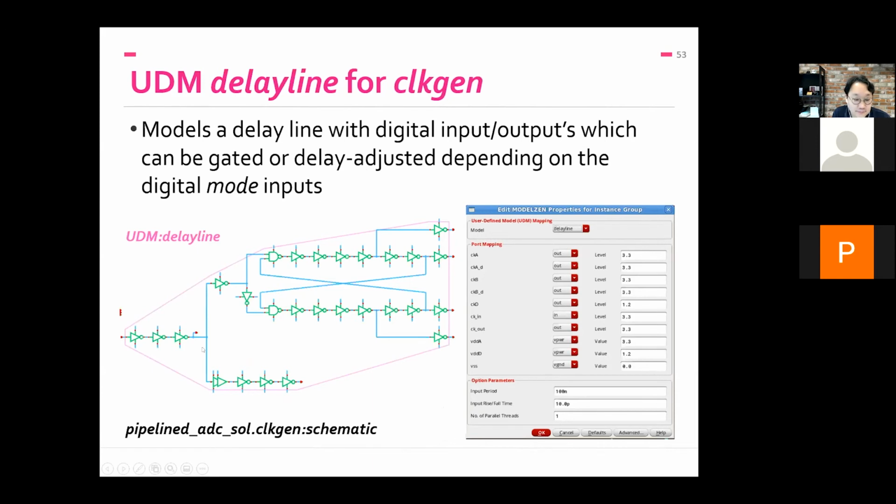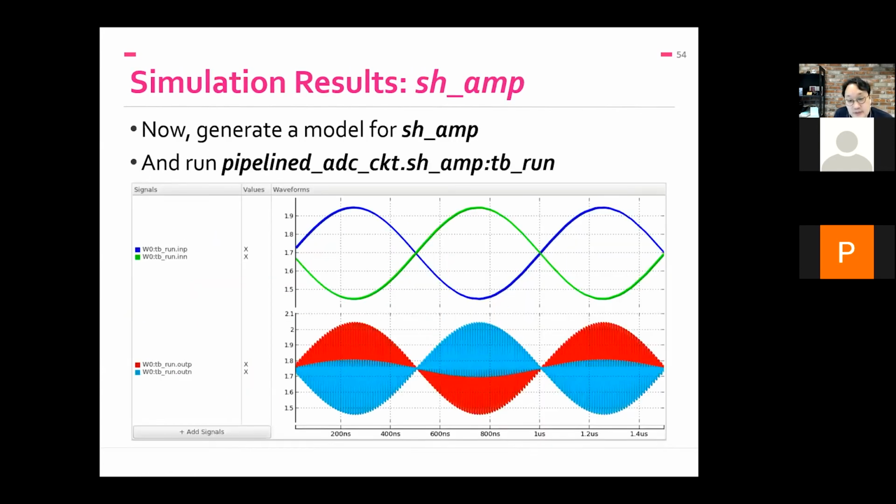So when you map this input as in, and all the other outputs as out, the model will characterize the delays between these inputs and outputs and use those delay numbers to generate the Verilog code that will propagate these digital inputs to digital outputs. And this is the simulation result of that sample and hold amp. For the sinusoidal input coming in, the output is a sinusoidal output, just that it's being sampled and held.